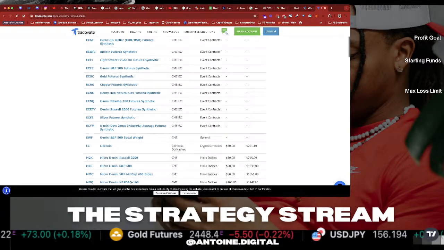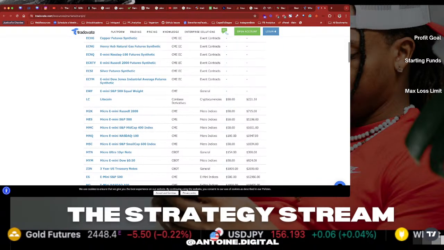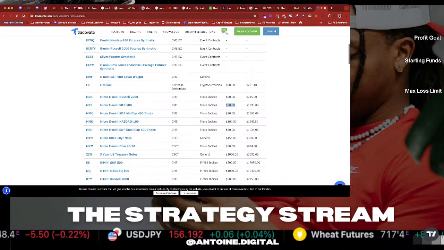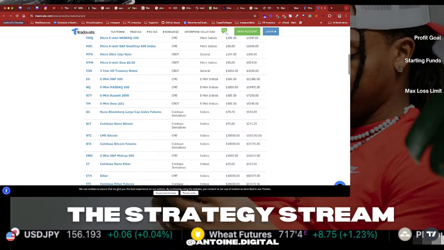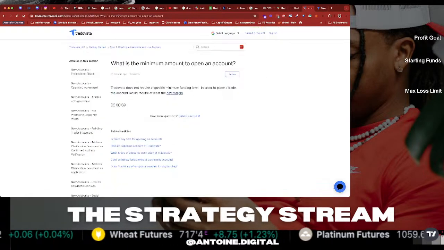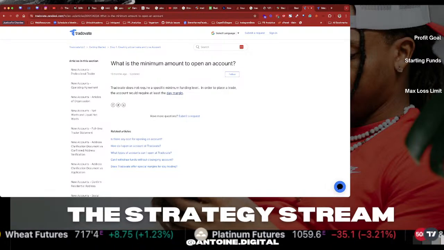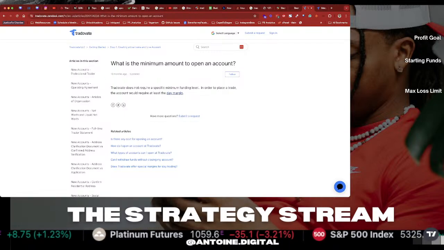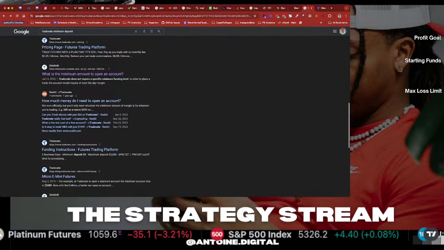So if you're trading S&P 500, you need at least $50. Which is why I can see where the 250 comes from. Okay, I don't know if they have a minimum.